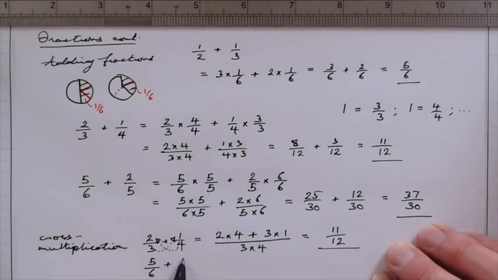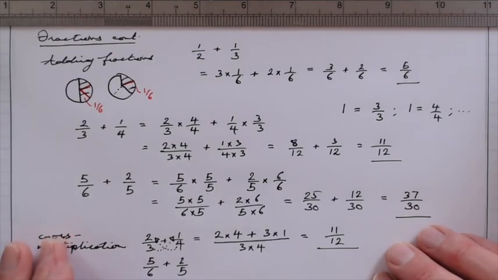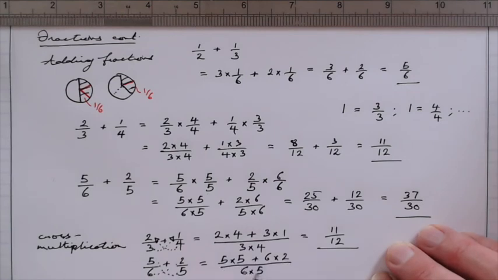5/6 plus 2/5. Again, I'm going to take this upstairs and write 5 times 5, and then I'm going to take this upstairs and write 6 times 2, all over the product of these two denominators, 6 times 5.